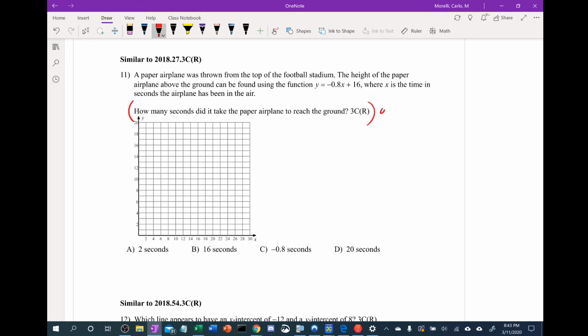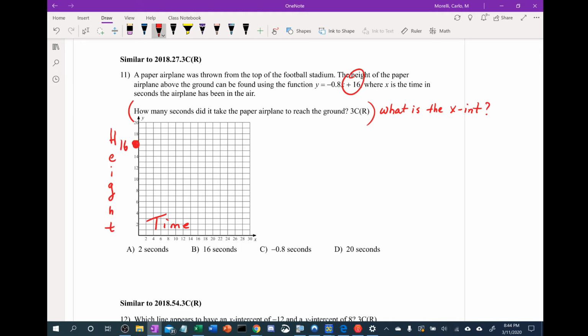Translation: what is the x-intercept? And the reason I know that is because this is height and this is time. So it says here that the height of the paper airplane is at 16.